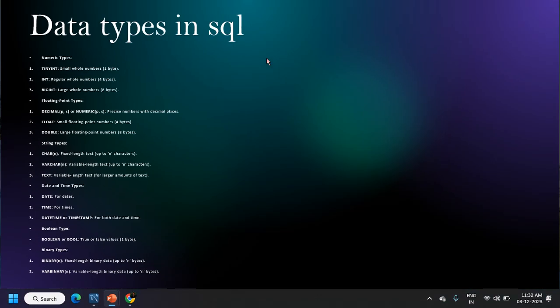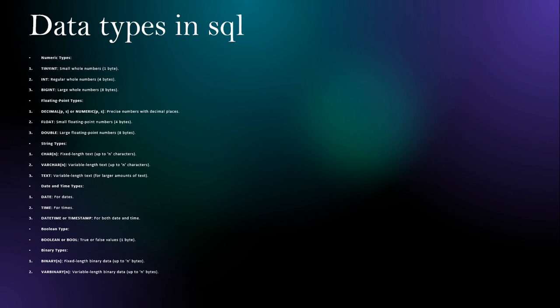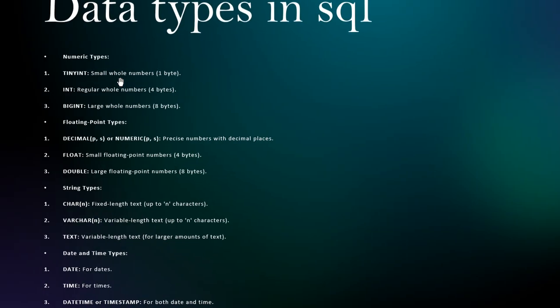Here, the other thing is the data type. In SQL, there are many data types. Here we can see tinyint, a very small whole number of 1 byte, and integer, 4 bytes, bigint, and floating and decimal types. If I want to store a floating value, I need to specify the data type as float or double.